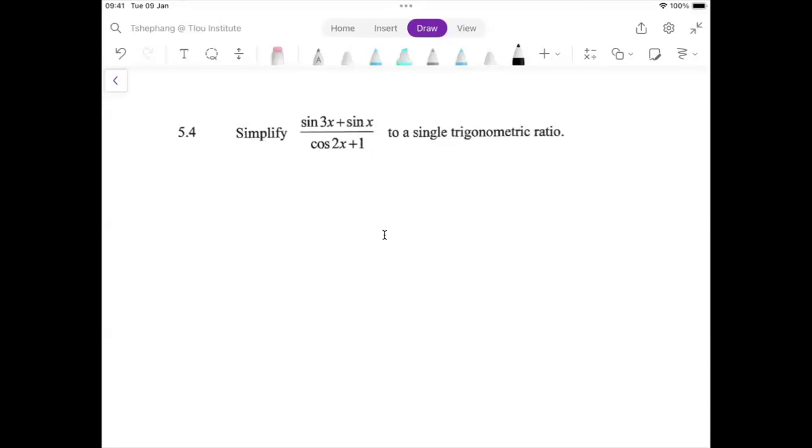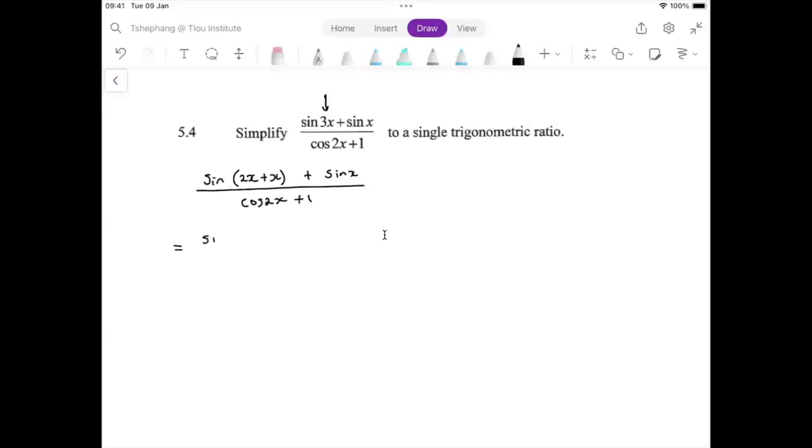We know here we can expand this 3x to sine of 2x plus x, then we also have plus sine of x. Then this is all over cos of 2x for now. Now this is a compound angle, so we're going to rely on our formula sheet to expand sine of 2x plus x.